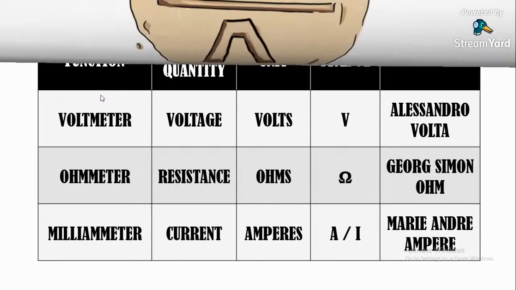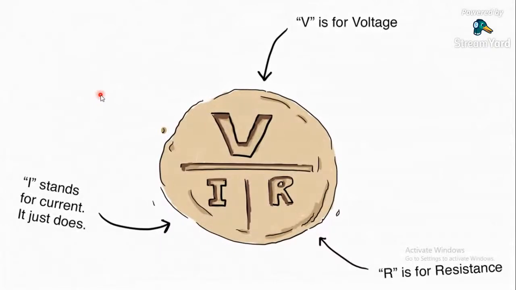Okay? Now, so sa ating Ohm's law, meron tayong formula. So we have the formula V for voltage over I stands for current, and R for resistance. Okay, so you have V, I, R. Voltage, current, and resistance.